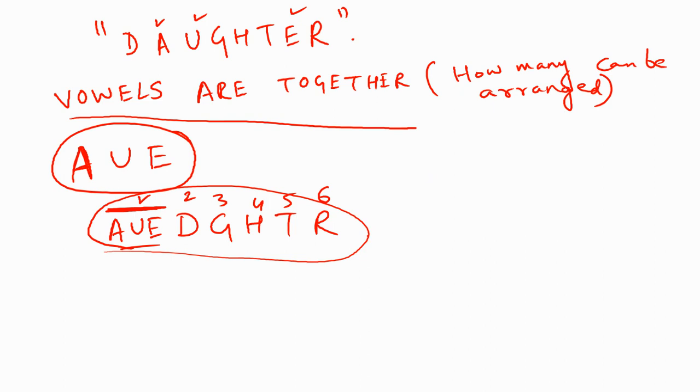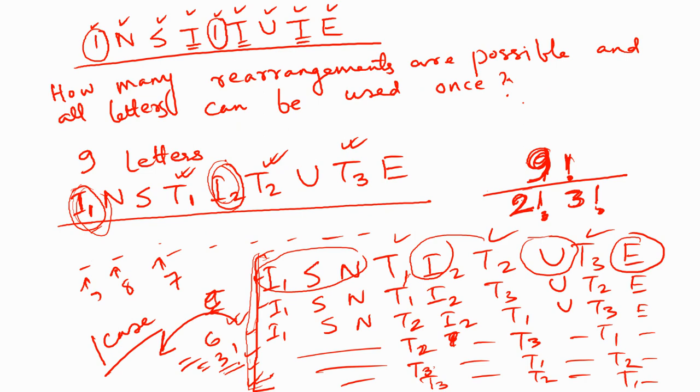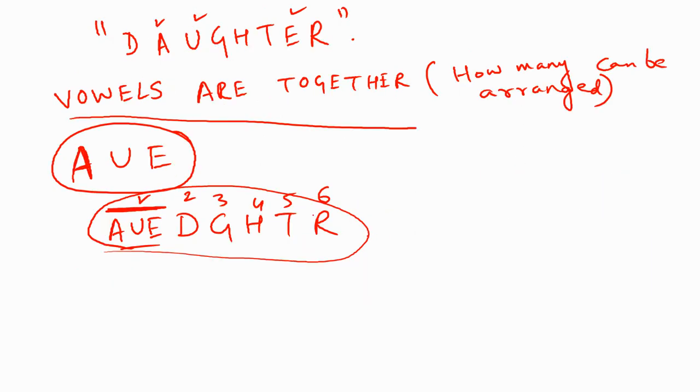If we have four different letters, we rearrange in 4 factorial ways. Last time we had 9 letters, so 9 factorial. This time we have 6 letters, so 6 factorial ways, right? I hope you're understanding it, not just like if it's 4, it's 4 factorial. It should be 6p6.